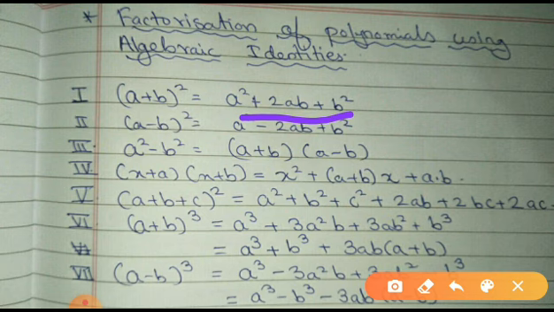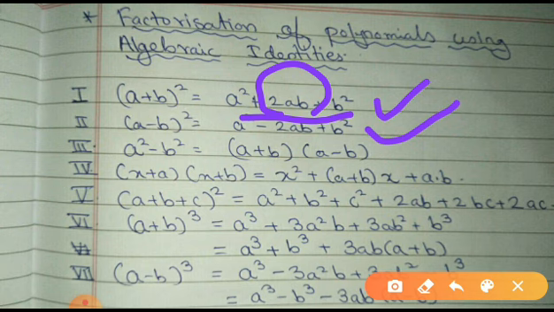That means if a trinomial is given to you, first check whether you have two square terms. If I have two square terms, then see whether the middle term I can write in this form, 2 into a into b. That means if you have three terms, either I can make use of a plus b the whole square or a minus b the whole square, only when I have the two square terms.